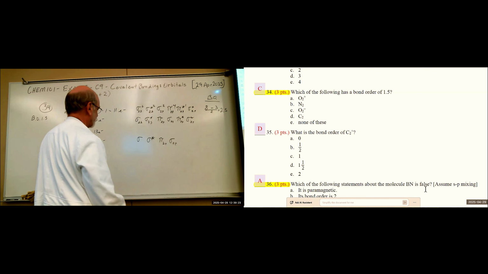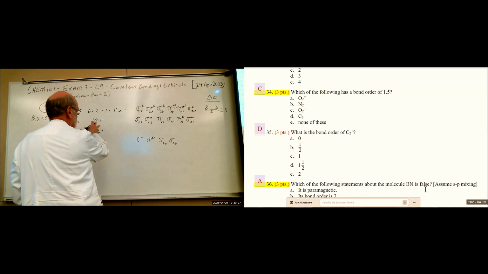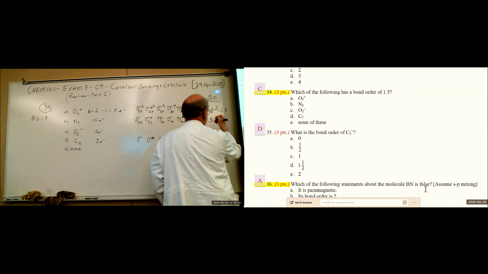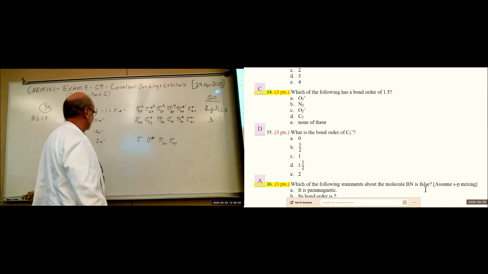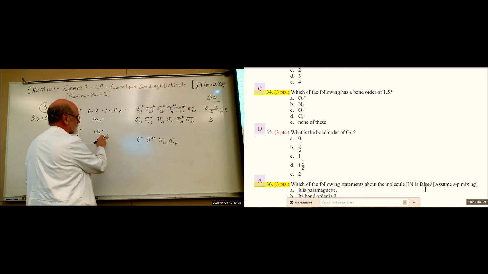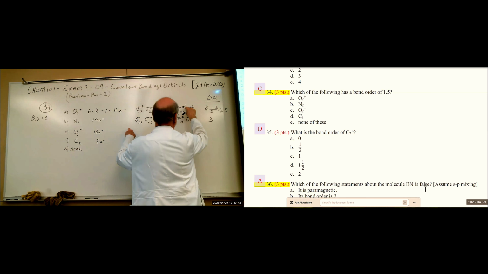I did that right. This one, we've calculated that one so many times. That bond order is 3. Now, if we add 2 more electrons for this one, they would go here, wouldn't they?